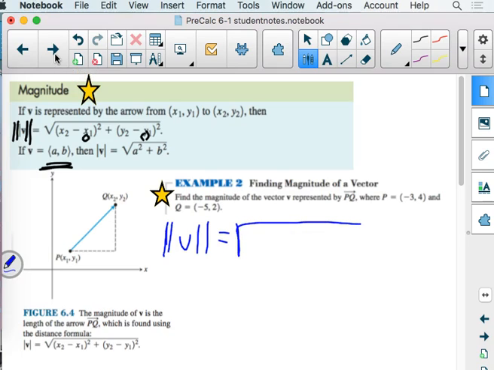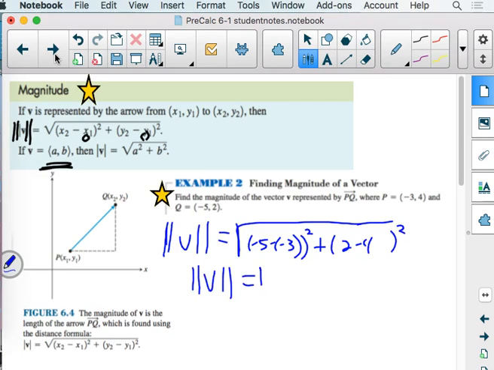All right. Well, -5 minus a -3 squared plus 2 minus 4 squared. -5 minus a -3 is -5 plus 3, which would be -2 squared, and so would 2 minus 4.